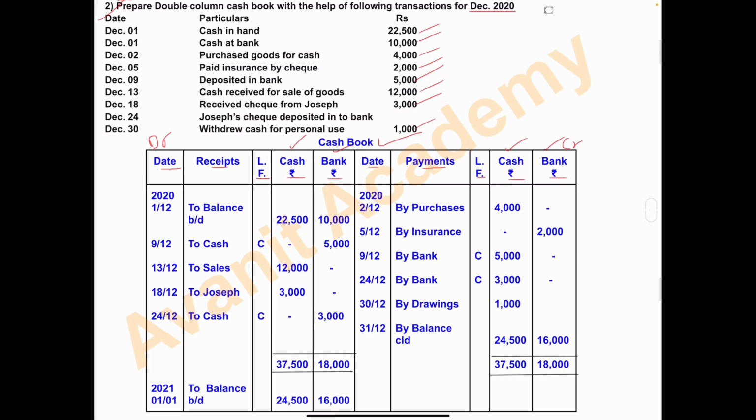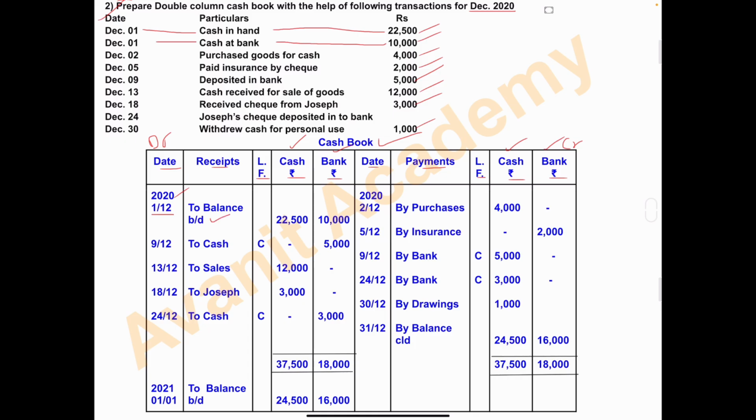So first transaction, that is December 1st, cash in hand rupees 22,500, and on the same date, cash at bank rupees 10,000. So this is the cash balance and bank balance. So this will be recorded on the debit side of the cash book. Write date 2020, 1st December, to balance brought down.